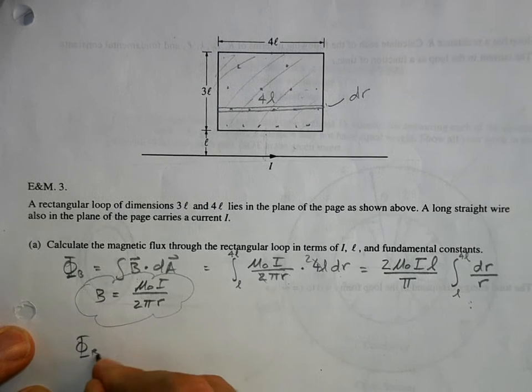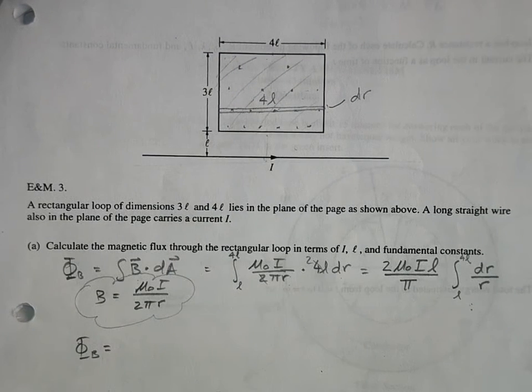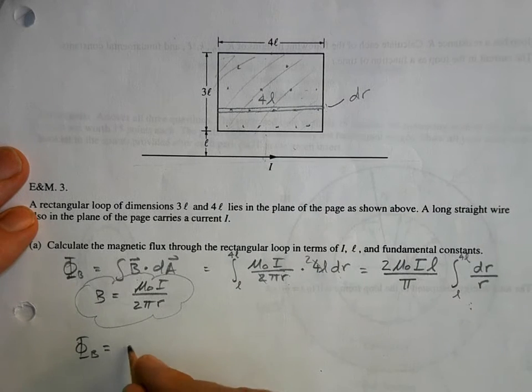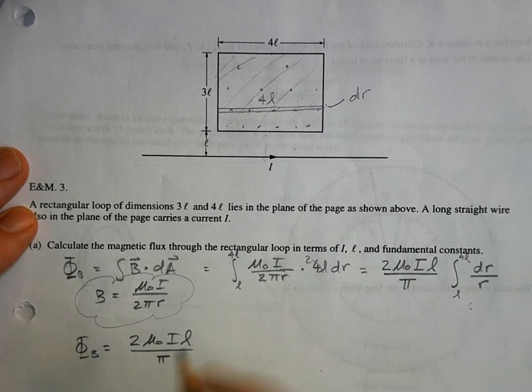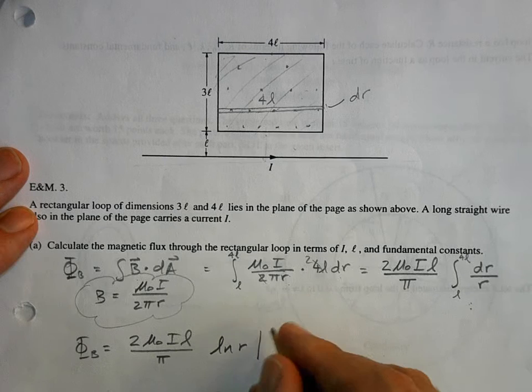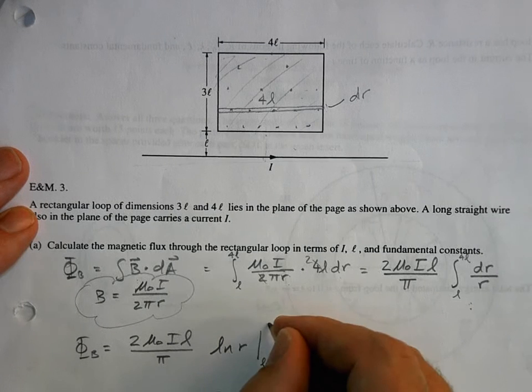So the magnetic flux is going to be equal to 2 mu naught I L over pi times the natural log of r evaluated from L to 4L.